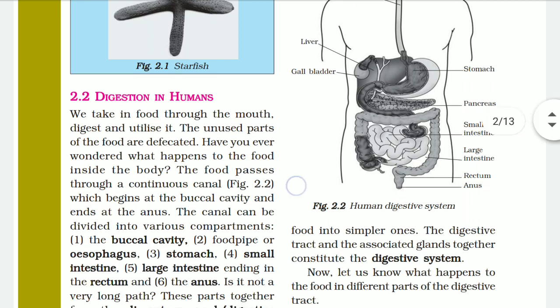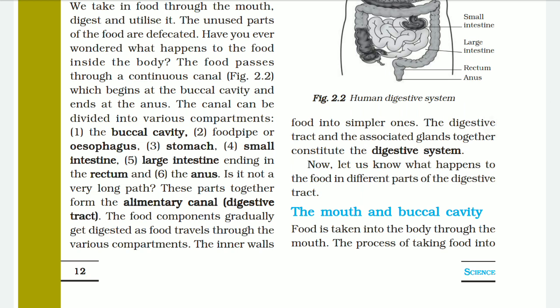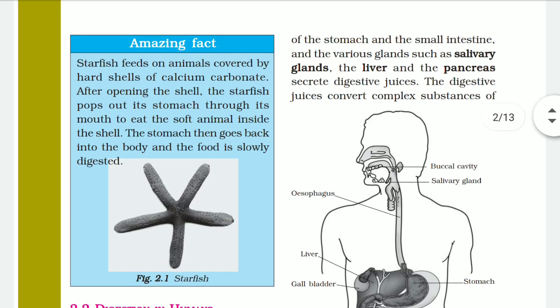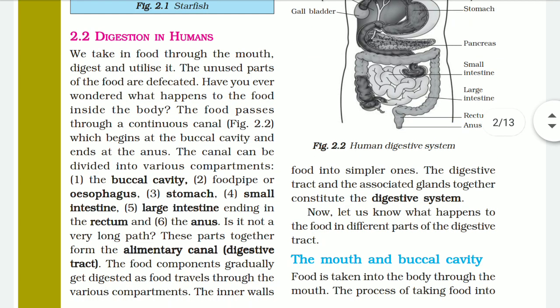So basically, human digestion has many parts: buccal cavity, esophagus, stomach, small intestine, large intestine, rectum, anus, right? When you eat the food, it passes through all these compartments, and with the help of the salivary glands, liver and pancreas adding certain juices to the food, by the time it reaches the level where absorption starts, it becomes the perfect texture to be consumed by our body organs.